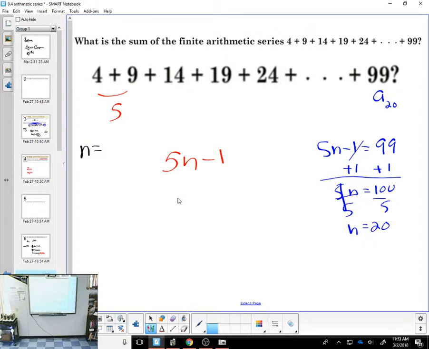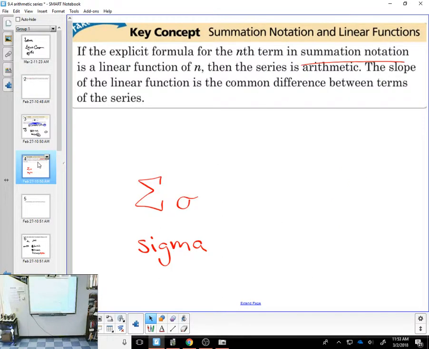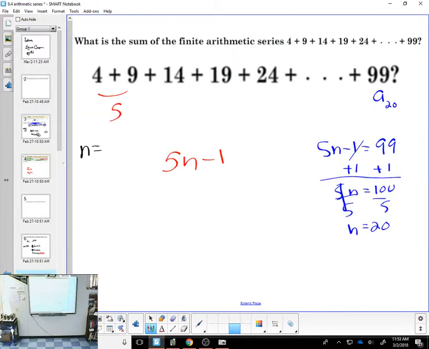Because what did my instructions say at the beginning? Right here. If the explicit formula for the nth term of summation notation is a linear function, then the series is arithmetic. So if the series is arithmetic, then its explicit formula should be linear: AX plus B, or MX plus B, however you want to say it.